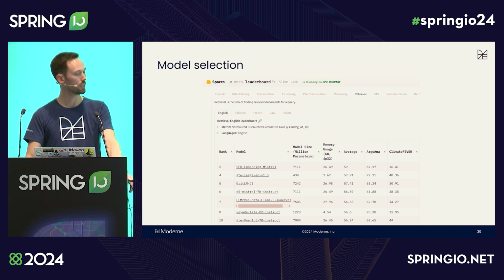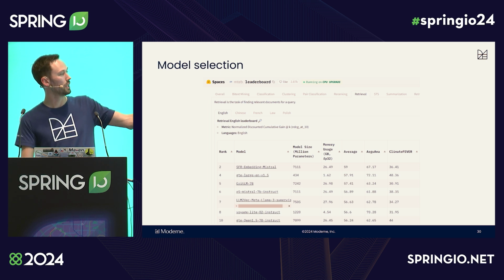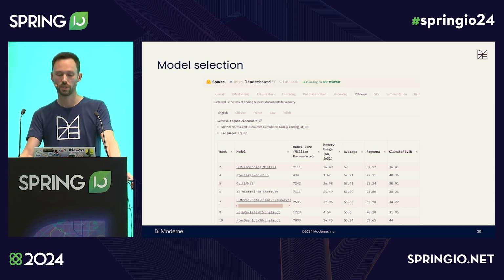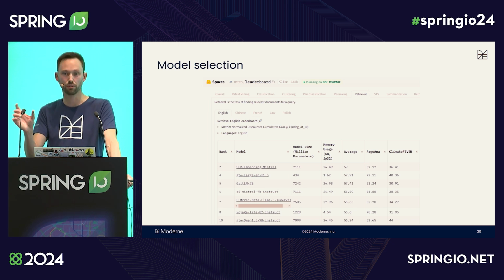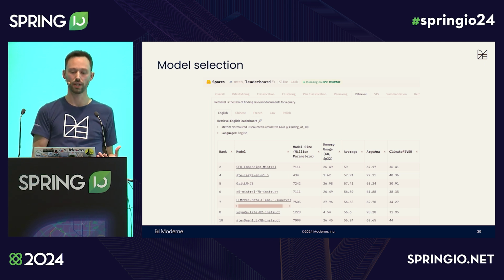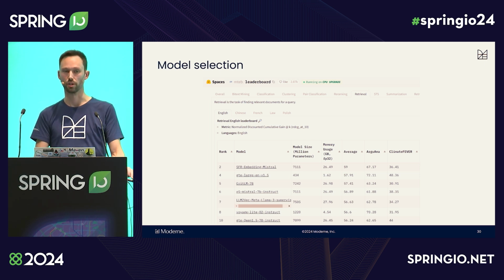And as you can see, there are a lot of characteristics different between each of these models. Some of them use dozens of gigabytes of memory just to run. And others use just a few, and they might even have results close to each other. We've landed on a model that has since fallen out of this top 10, but it works very well for our use case.